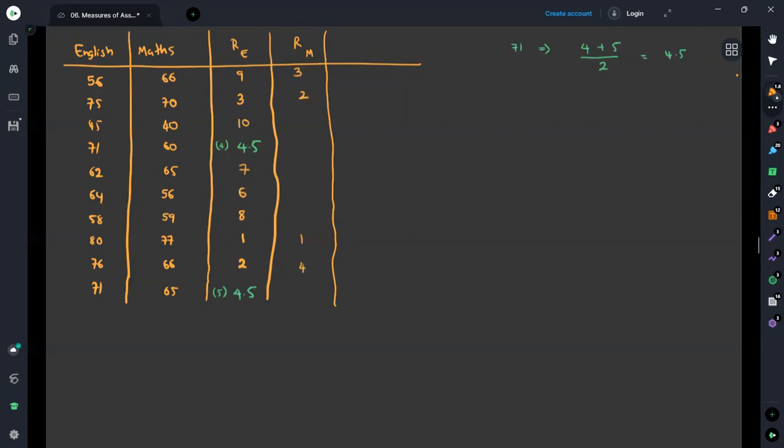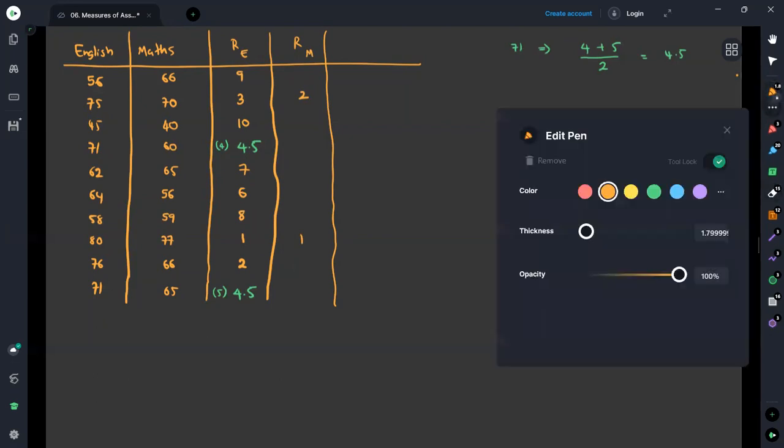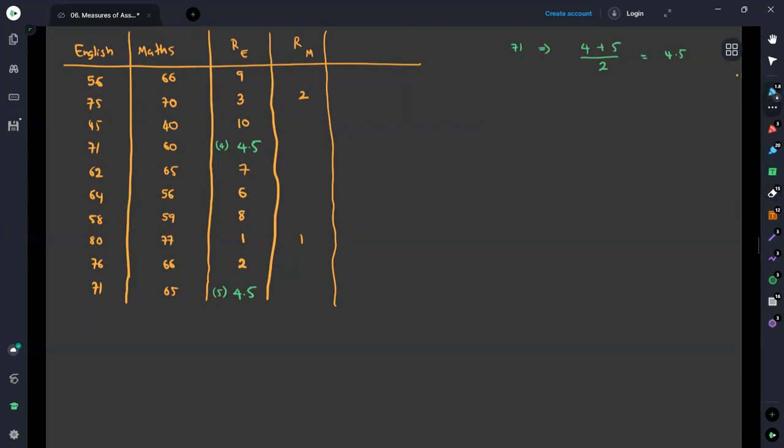We can see that we have allocated two different rankings for a similar number. Therefore, we cannot do it in that way. We need to apply a similar value for both cases. This 66 was given rank number 3, and here the other 66 got rank number 4.